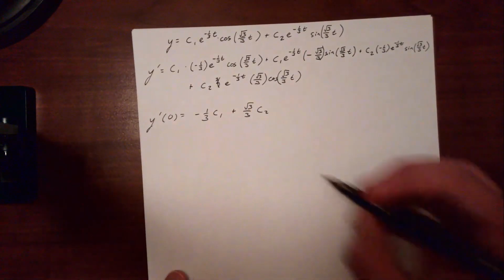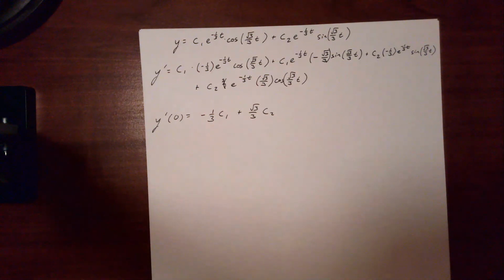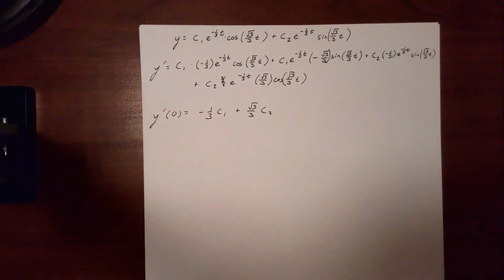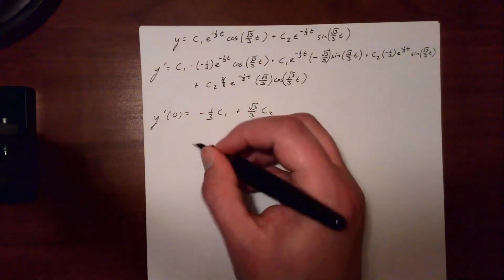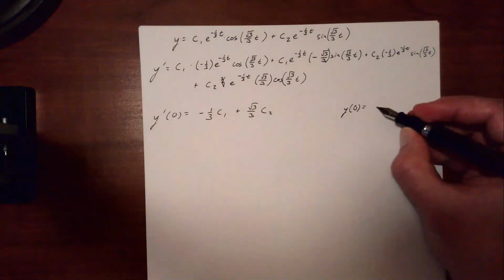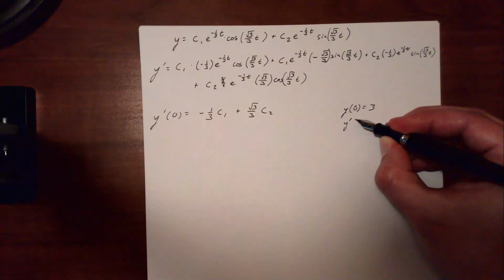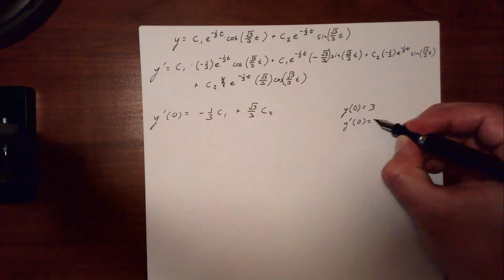And now if we look at our initial conditions, they will tell us that y of 0 equals 3, y prime of 0 equals 4.